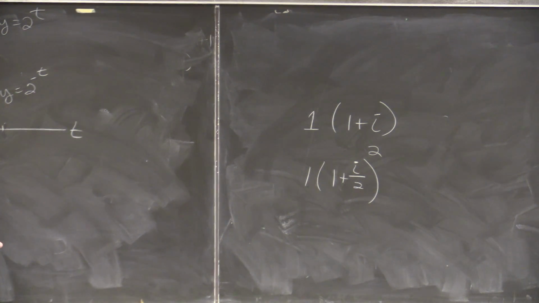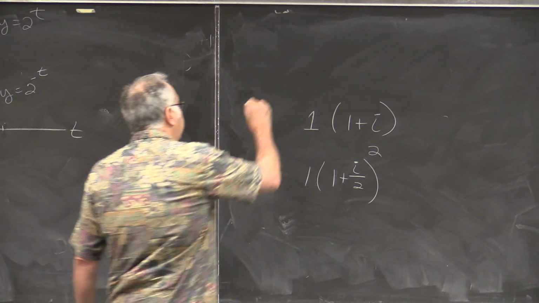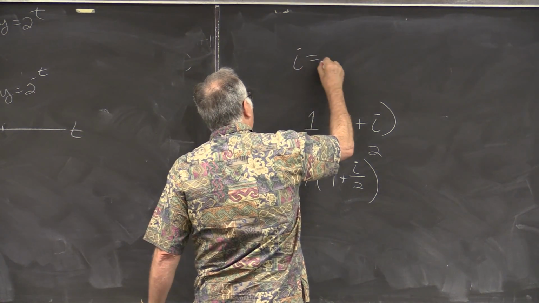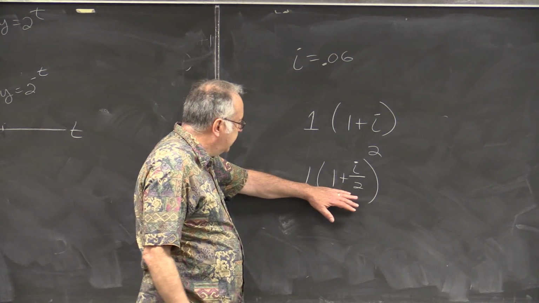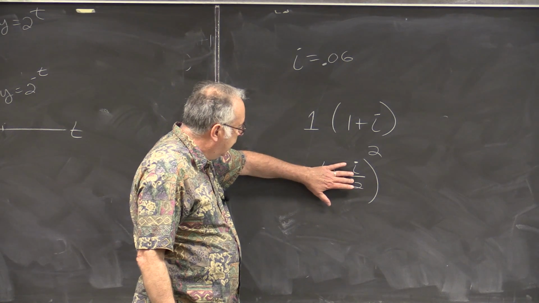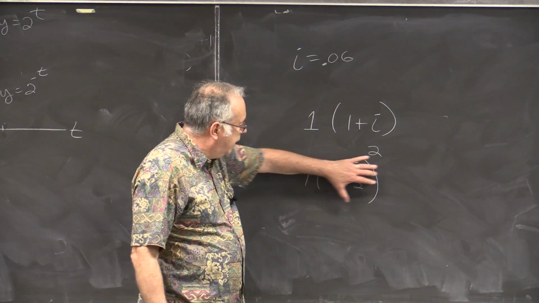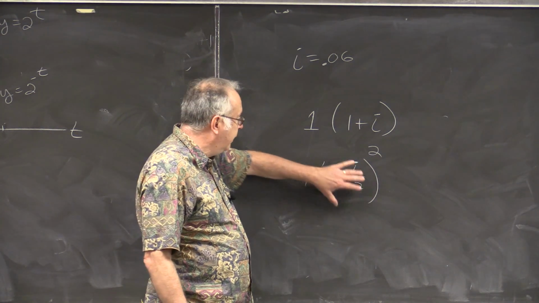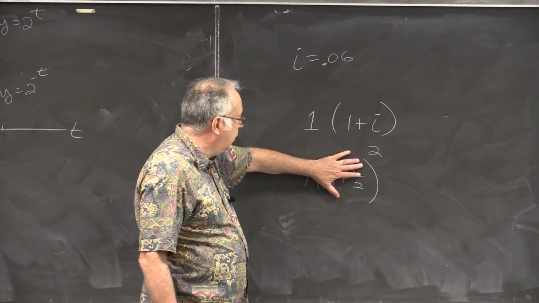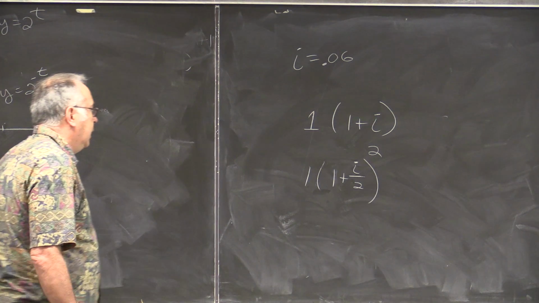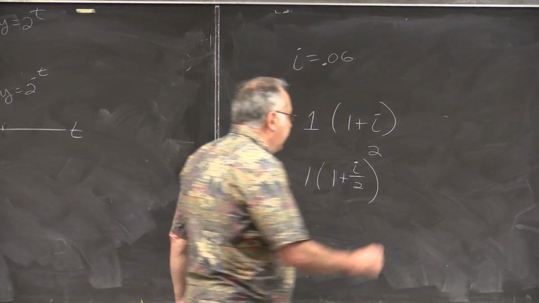So in 6 months, they're going to give you 3%. Say I is 6%, or 0.06. Then at the end of 6 months, you'll get I over 2, or 3%. But then it'll be reinvested for another 6 months. So you'll have another 1 times I over 2. So this would be how much you would get with semi-annual compounding.